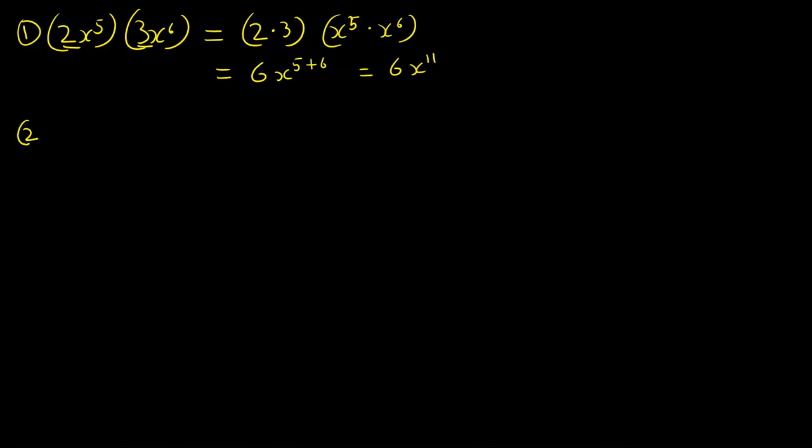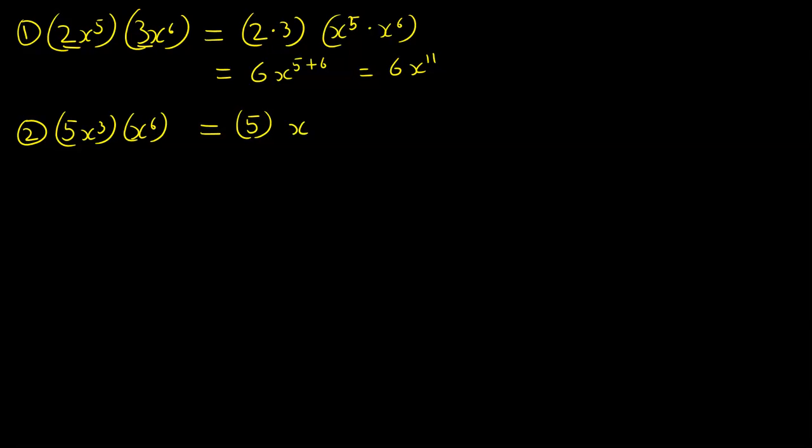We will take a look at another example. This is 5x cubed in one parenthesis, and the other one we have x to the power of 6. So we do the same thing. Over here we have only one number, which is 5, so we'll just leave it like this. And for the second one, we need to know what the base is.